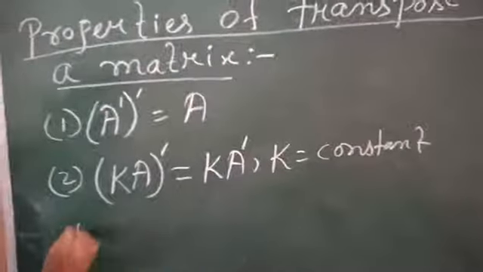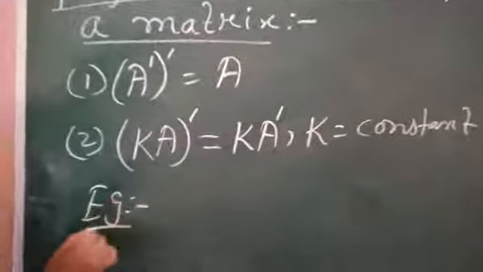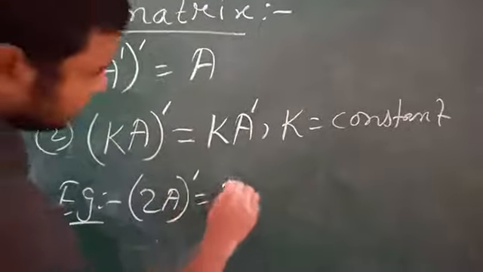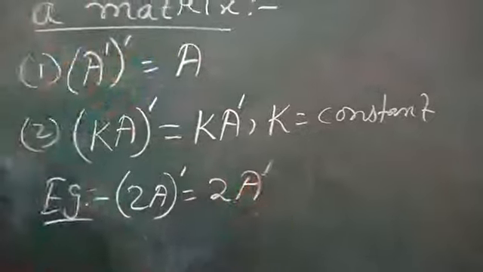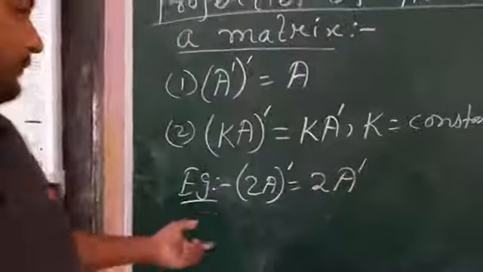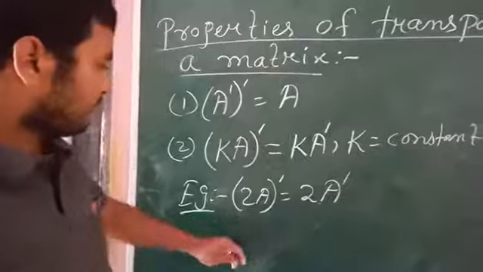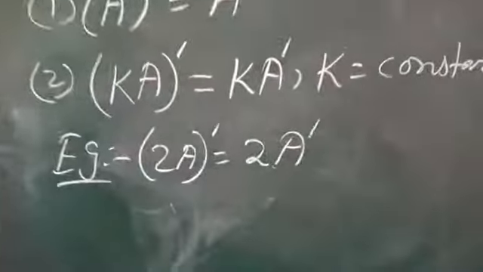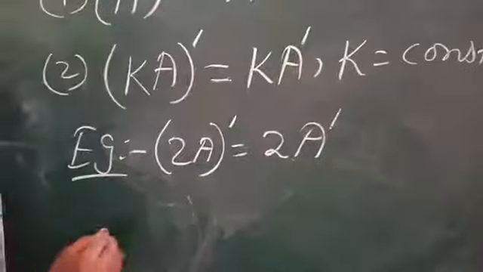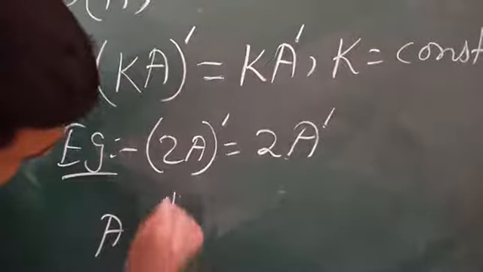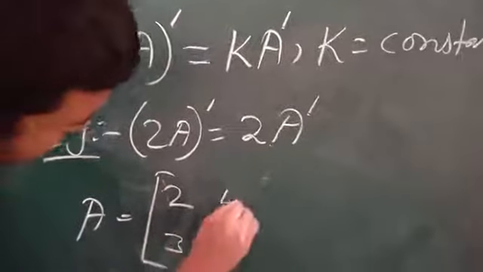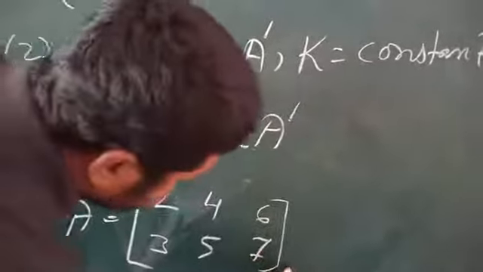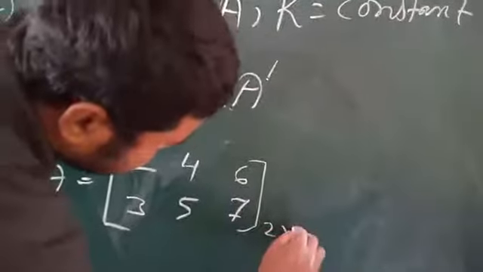So for example, if 2A I write transpose, it will be 2A transpose. So if we take suppose one matrix, we will take 2, 3, 4, 5, 6, 7, of order 2 by 3.